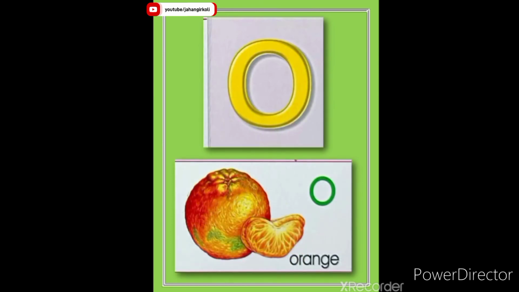O is for orange. Orange. O-R-A-N-G-E, orange. O is for orange.